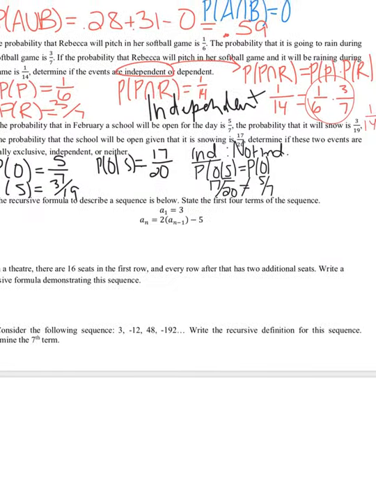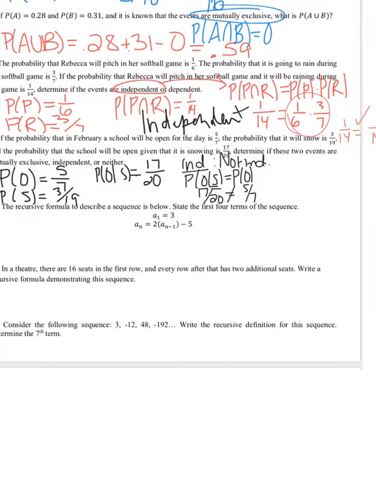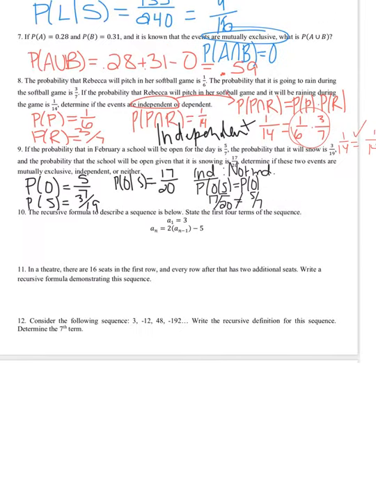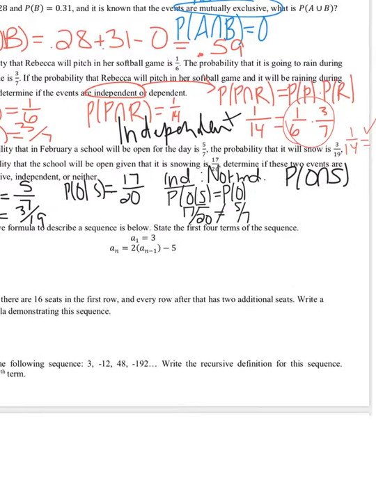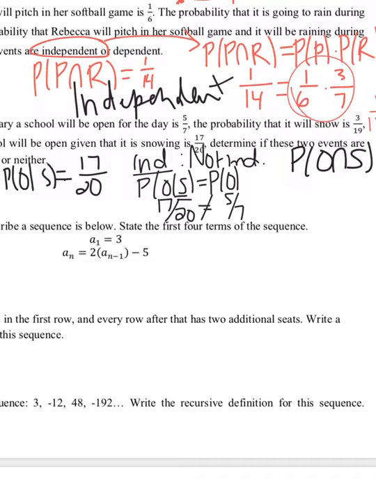Again, we said mutually exclusive means that the two events can't happen at the same time. So I would have to find the probability of open and it's snowing. One way I can do that, I have a conditional and I have the given. This one's a little bit tricky to see.